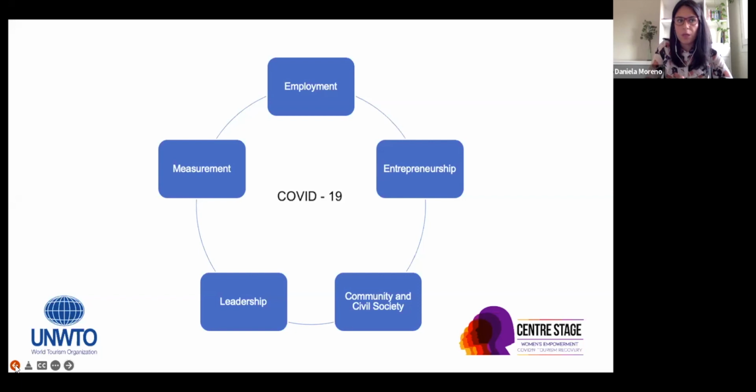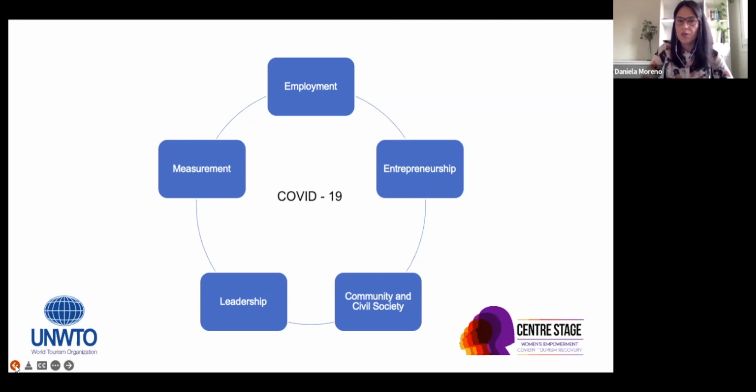And this is not because they don't want to be in the formal economy. It's because sometimes roles and stereotypes leave them working in their houses. For example, the vast majority of women that create their own businesses are creating them in the house.